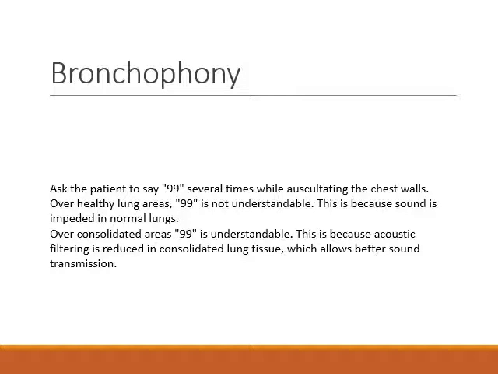Moving to bronchophony, the second type of vocal resonance, I ask the patient to say 99 or 44 while auscultating the chest wall. Over the healthy lung area, the 99 sound is not understandable, while over the consolidated area it is understandable, because the consolidated area allows better sound transmission.